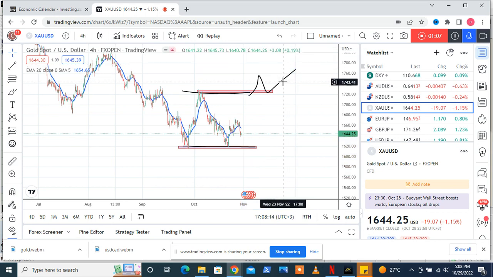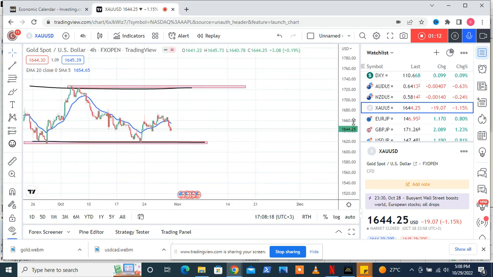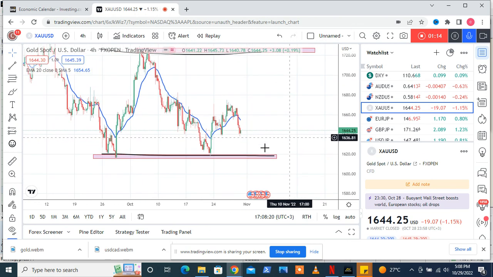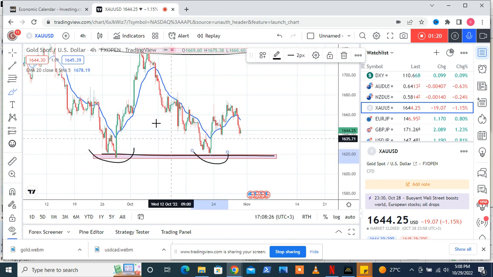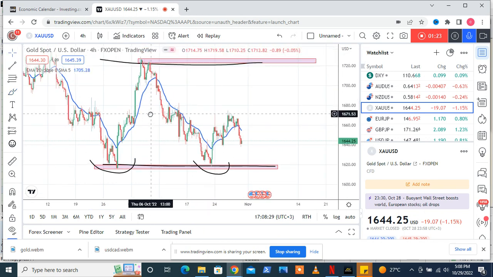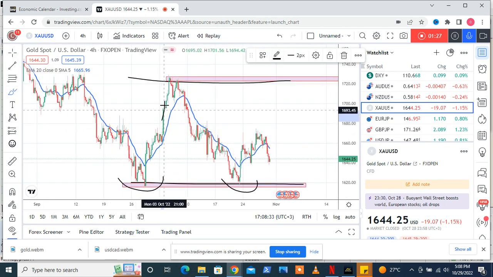So for this coming week, I can see something like this. The market has already given us a double bottom, and for those who know how to trade double tops, or what I like to call an M pattern, you can see there was an M pattern here.